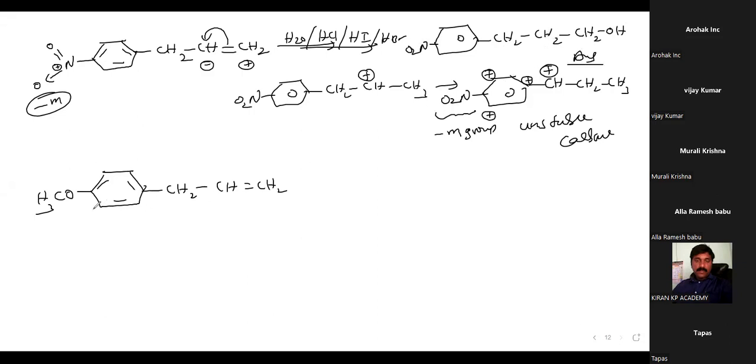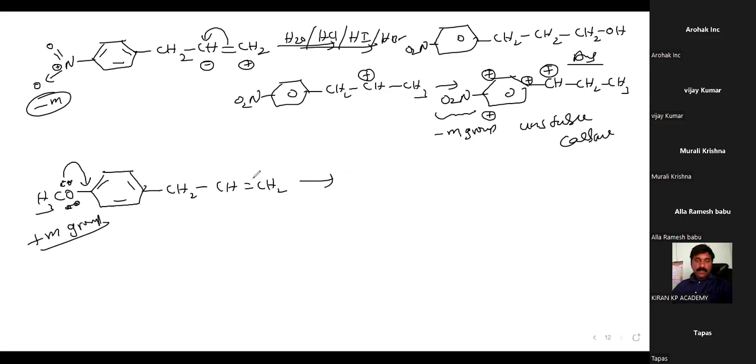When we come to this case, there is a lone pair present on the oxygen itself. There is a possibility of involvement of resonance with the benzene ring. Therefore, this is a plus M group. It can stabilize the carbocation because of the plus M group.